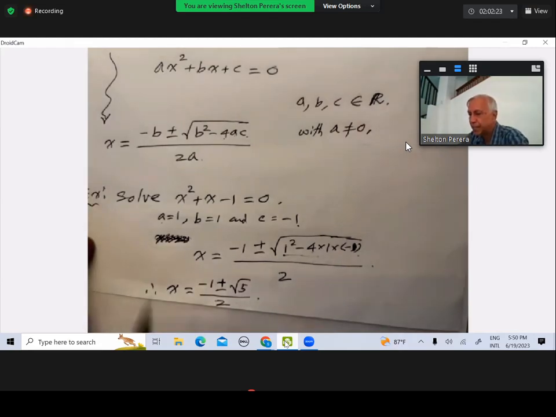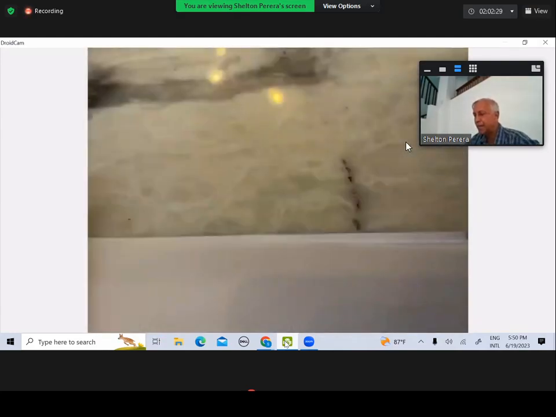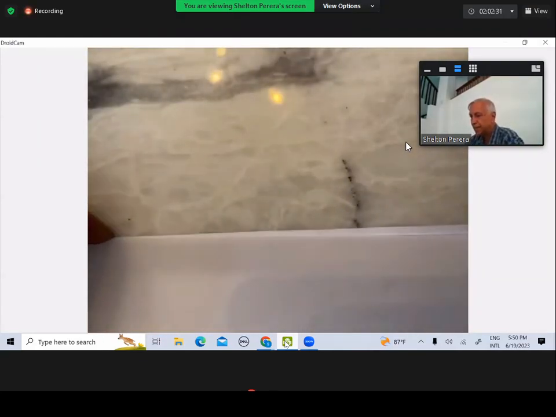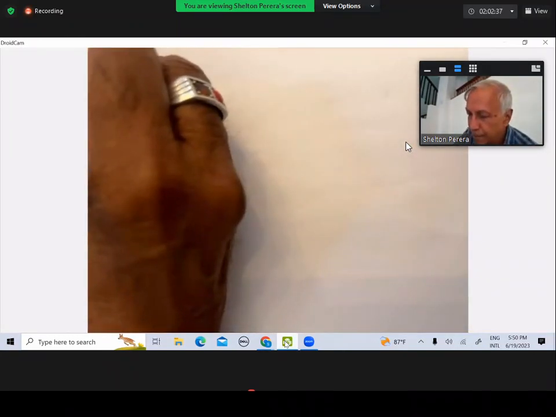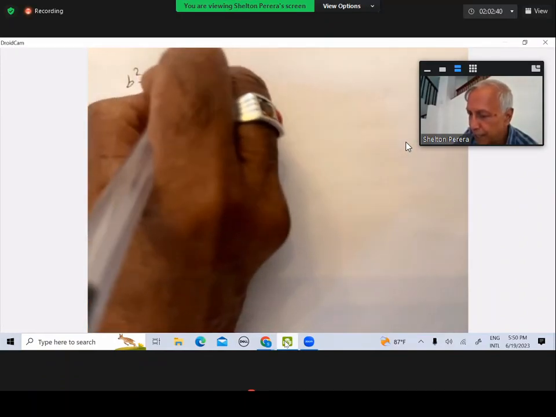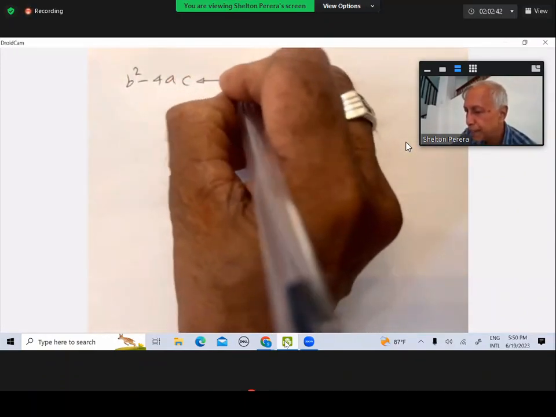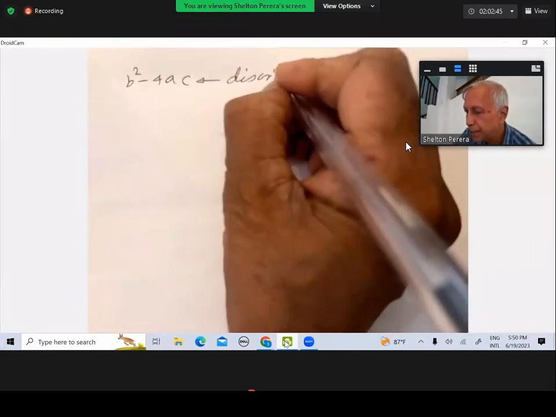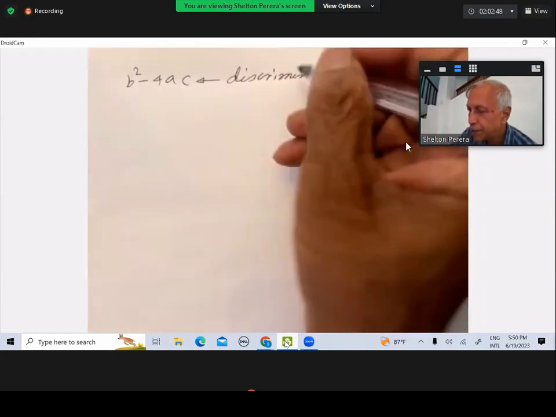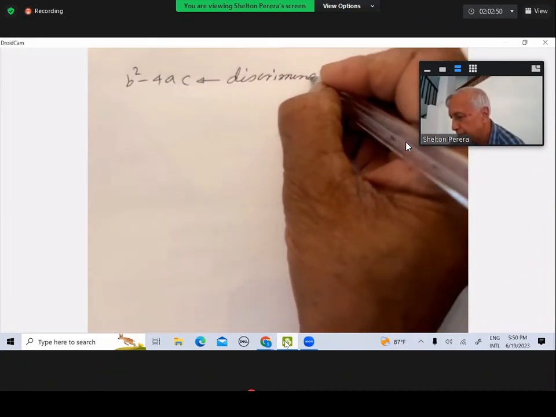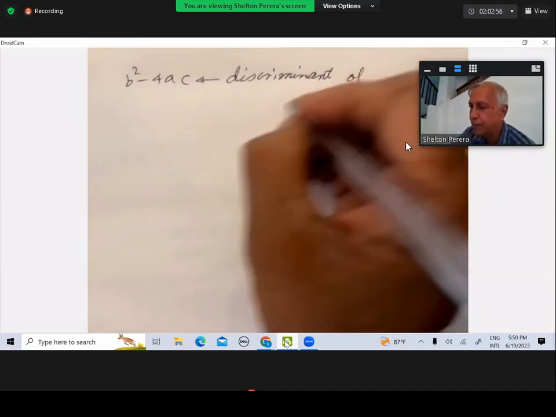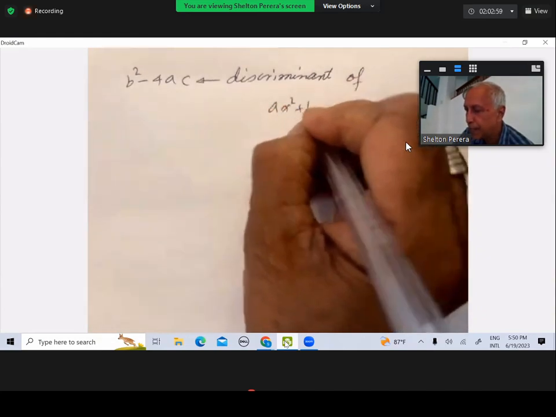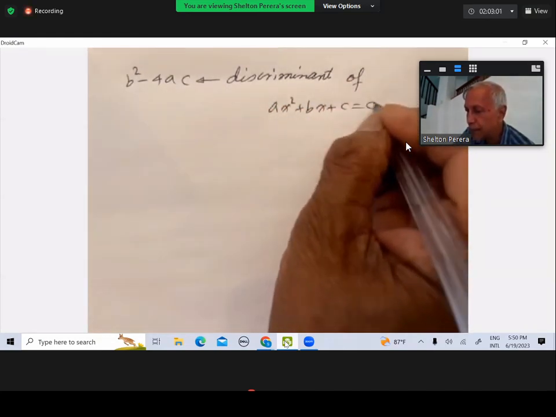So, this quantity, what's inside, b squared minus 4ac, is given a name and a notation. The name given is discriminant. b squared minus 4ac is called the discriminant of the quadratic equation ax squared plus bx plus c equal to 0.